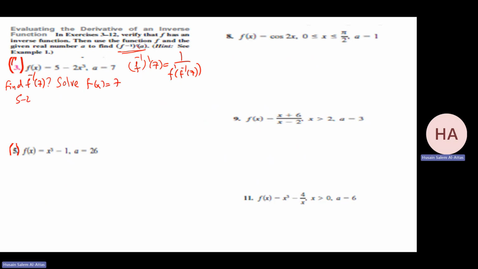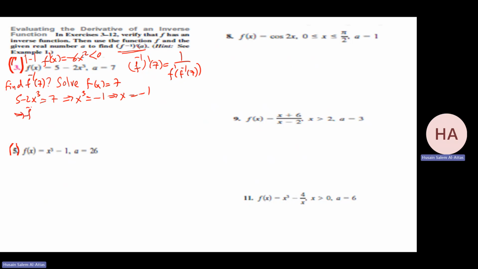So I have 5 minus 2x cubed. By the way, f prime is minus 6x squared, which is 1-to-1, decreasing, continuous, and differentiable. Okay. This is equal to 7. So I have x cubed equals minus 1. So x equals minus 1.